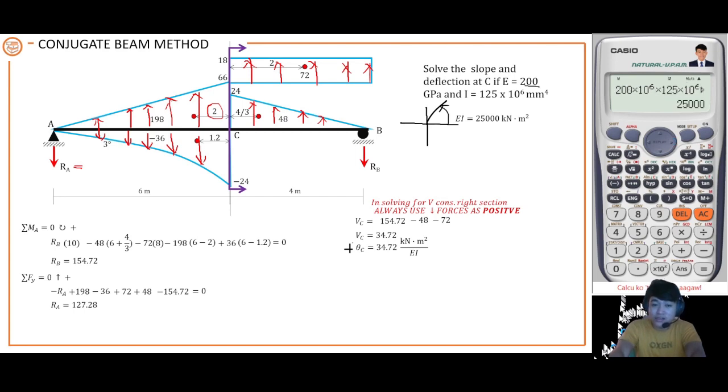Okay, so the answer here is 25,000 kilonewton square meter. So that is the value of EI. Just substitute here so that we can get the slope in radians.